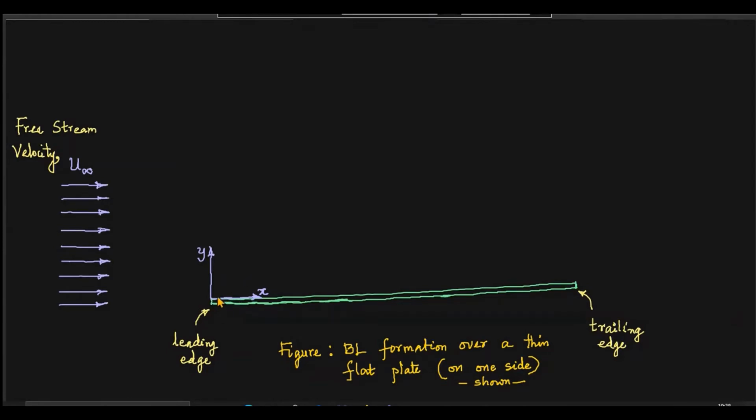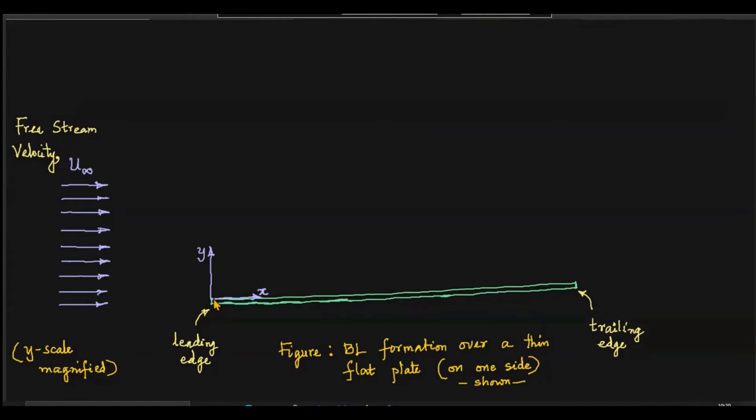See, x and y directions are indicated, x along the flow and y is normal to the flow direction. And this diagram is typically a diagram with y scale magnification on the y axis, because then only we will be able to show the small thicknesses as large in the diagram.